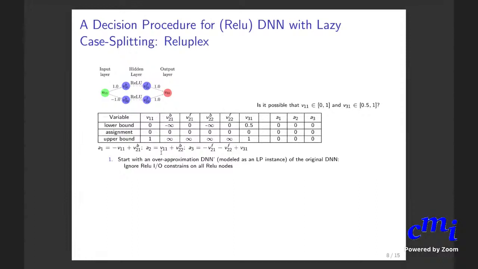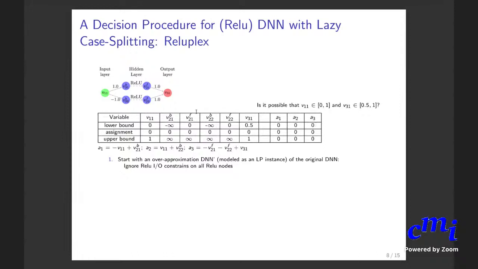Those are the linear expressions that appear. And similarly, V31 is a linear combination of V21F and V22F. For each of them, I introduce a slack variable, as you would do when converting a conjunctive formula. And that's what you do.